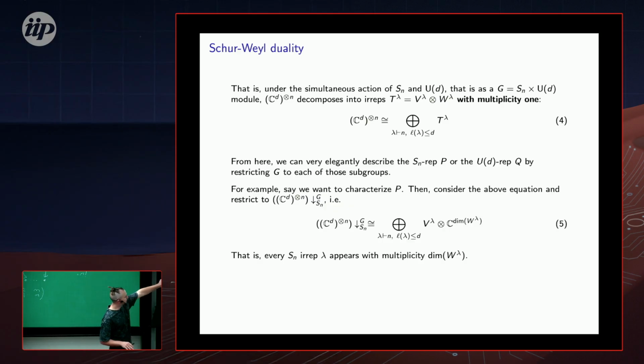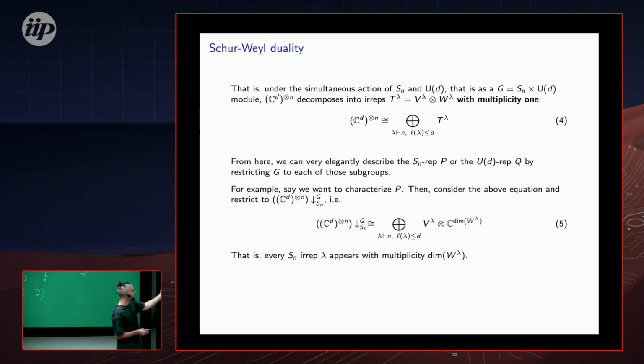What will happen is that the W lambda will now just become C to the dimension of W lambda, because there's no unitary group action anymore. The irreducible representation of the unitary group essentially gets converted into copies of P lambda.